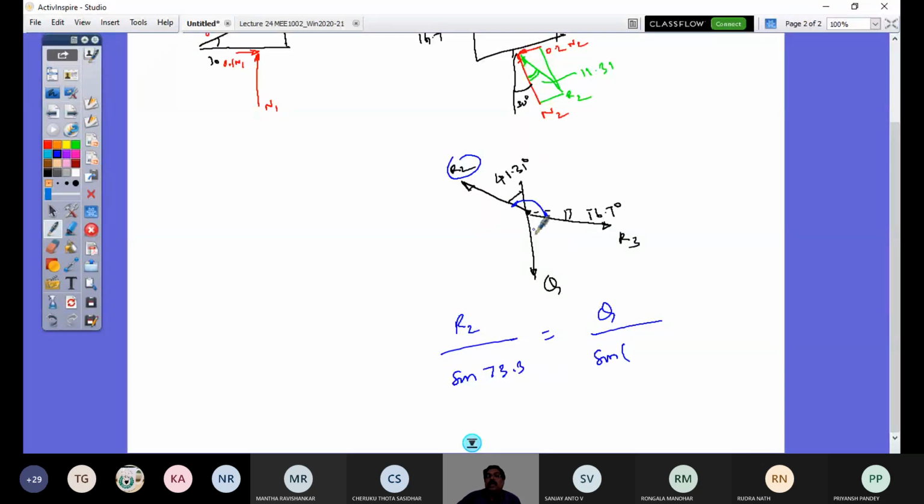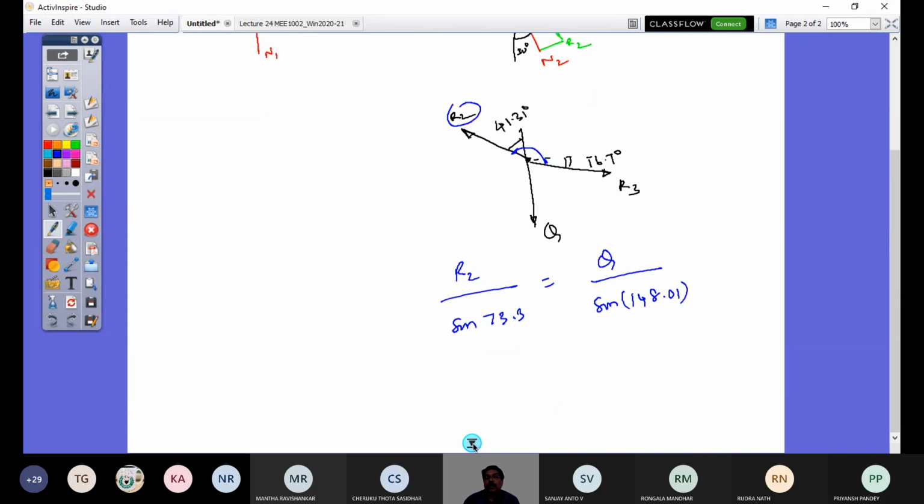What is this angle? 90 plus 41.31 plus 16.7, so 148.01 degrees. So this gives me the value of R2.